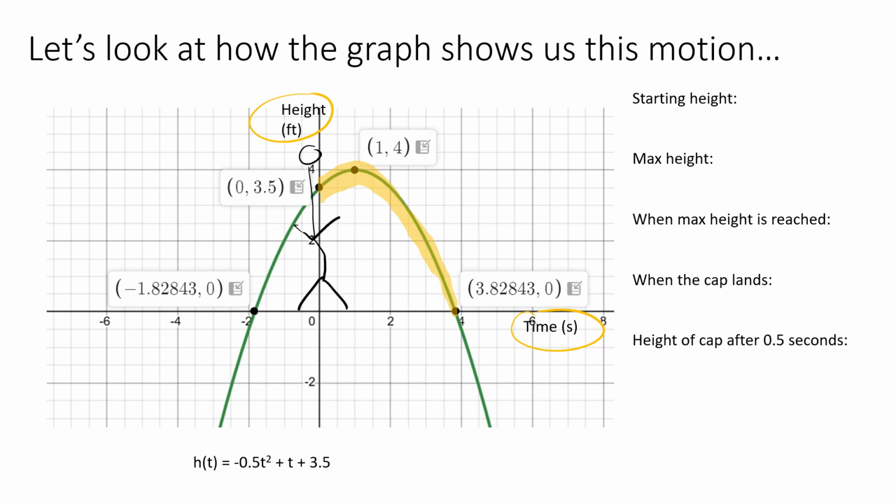So you're standing right there and you're throwing the cap, okay? The x-axis represents the floor, because when you look at this point right here, remember that our time is on the x and height is on the y.